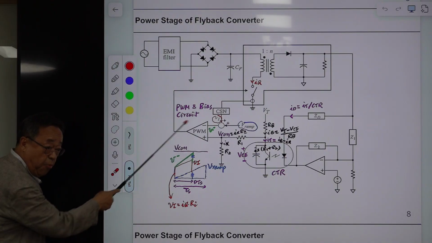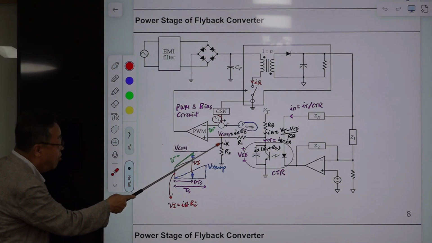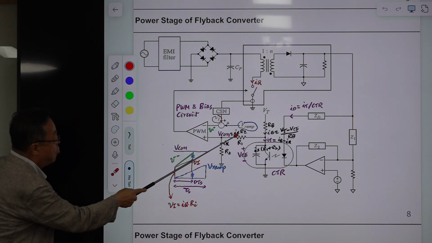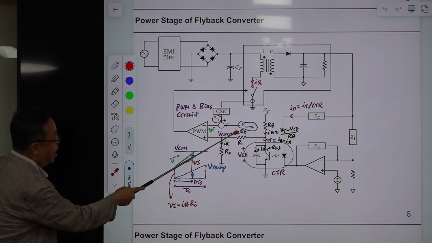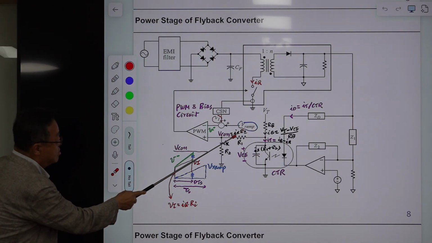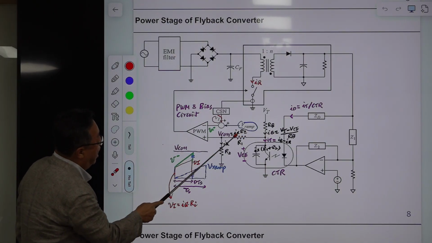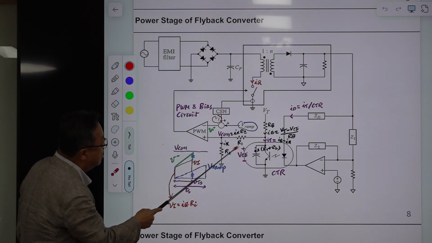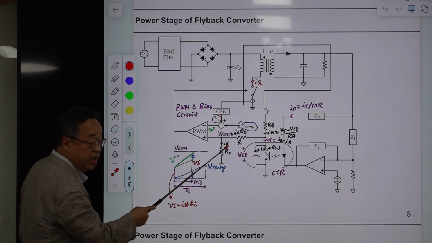This is an operational amplifier, plus something. So the current is going down, and this voltage Vcon should be the same as Ix times R2. So this voltage is Ix times R2. Then this current Ix is passing through this, and this VCE is Ix times R1 and R2.